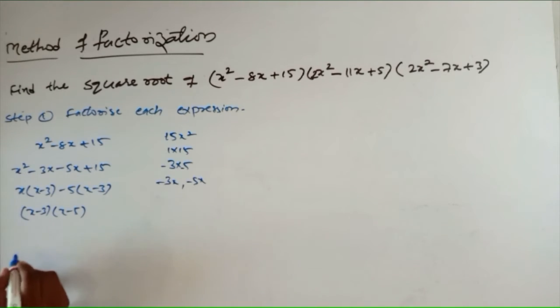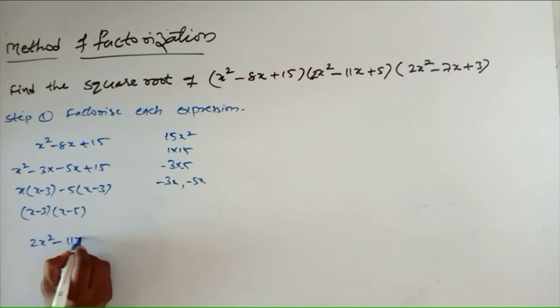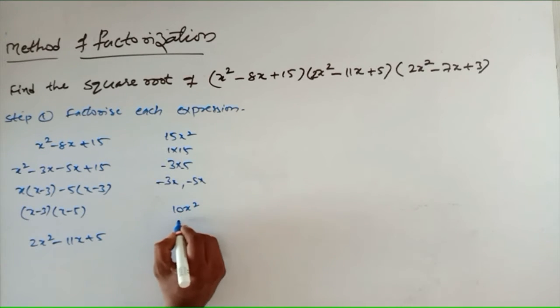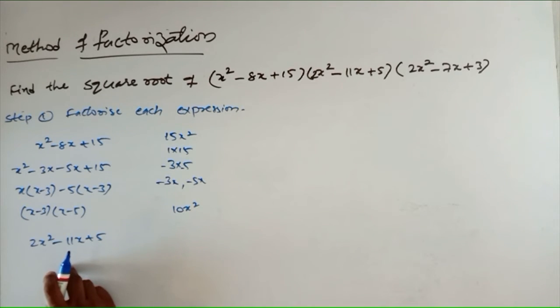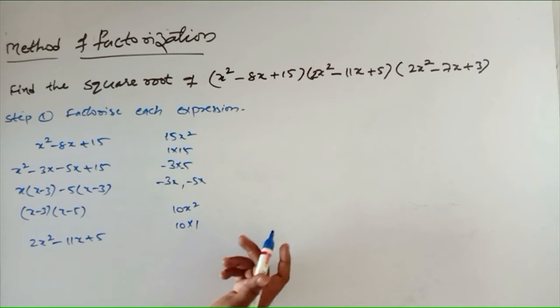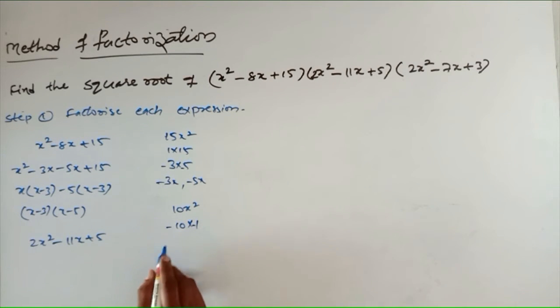And the same way the second expression, 2x square minus 11x plus 5. So 10x square. The factors will be 10 into 1, 1 into 10, 2 into 5. I need to get the middle term 11, so minus 10 and minus 1.